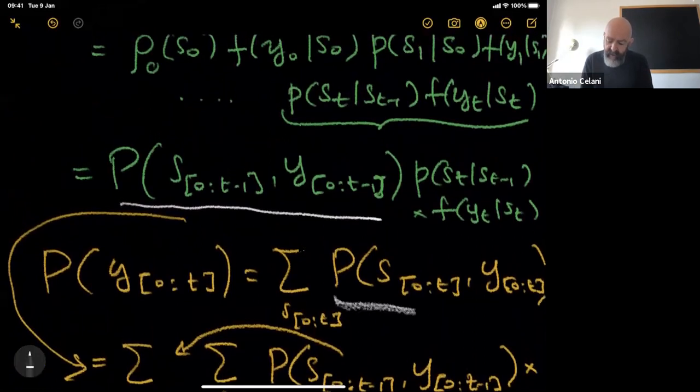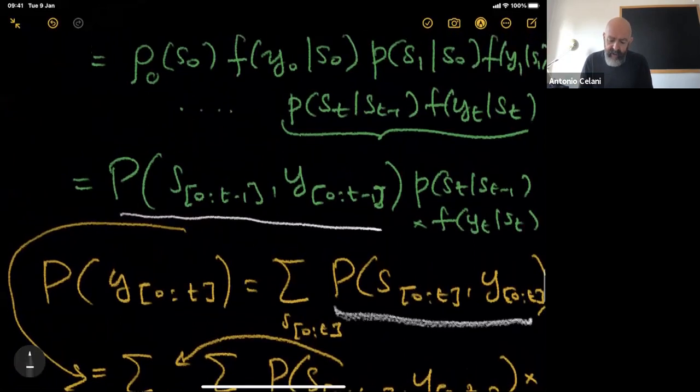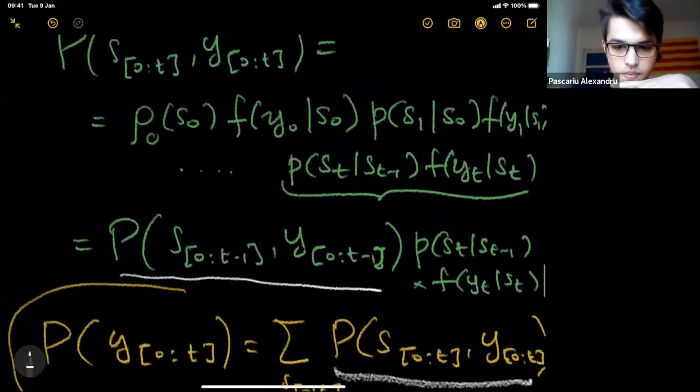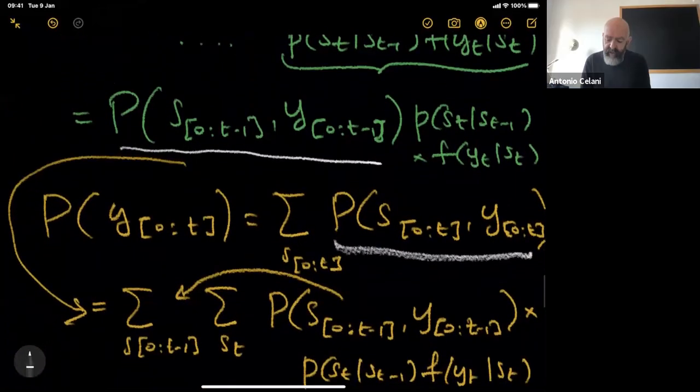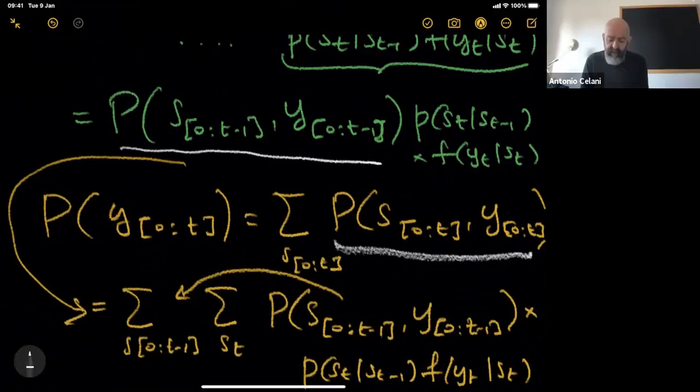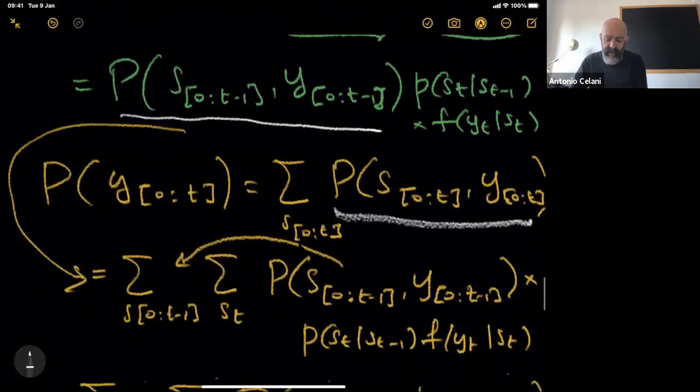We are using the fact that exactly this formula above, the green formula here. So we're writing this as the product of what has happened until t minus 1 times the last step. And then this sum over 0 and t, we split it into the sum between 0 and t minus 1 and the sum over st.